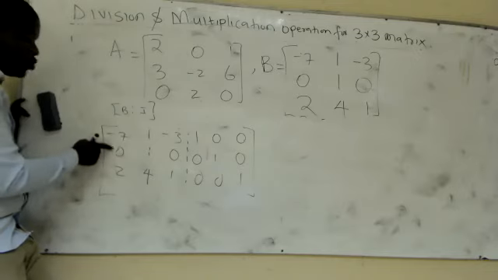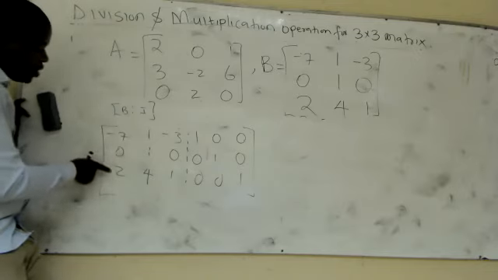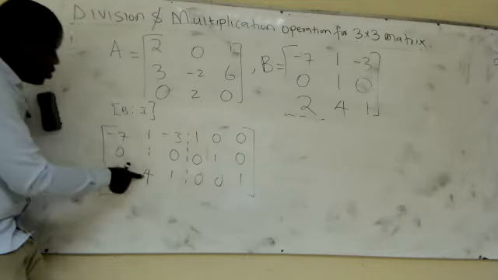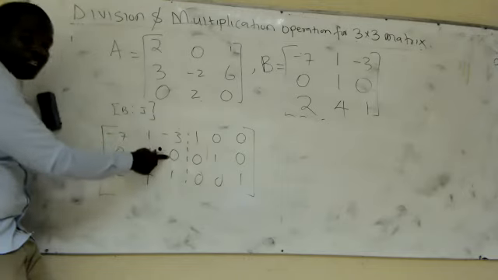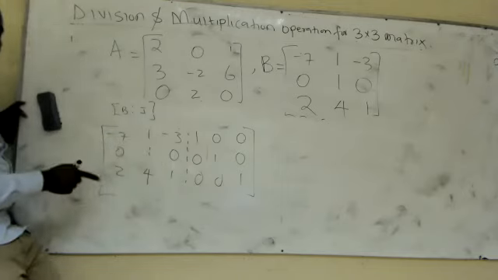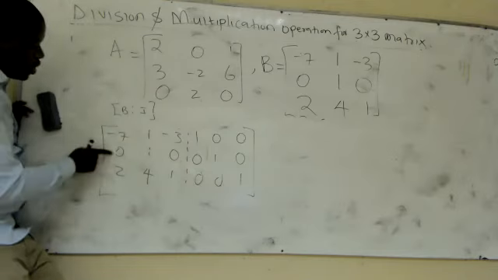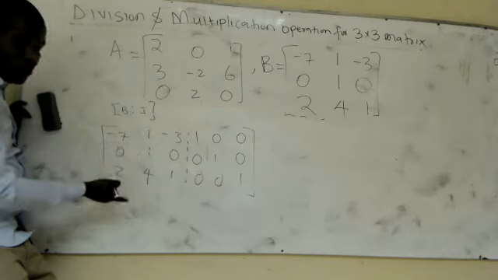Yes, so you're supposed to follow the same order. You start by getting 0 here, and then you get a 0 there, you get a 0 there, you jump this, you get a 0 there, you get a 0 here, and then you finish with the 0 there. So the order is important. You must follow the order. So now let's start. The first 0 we have it already, so we are fortunate.